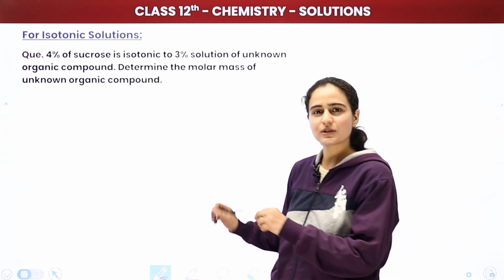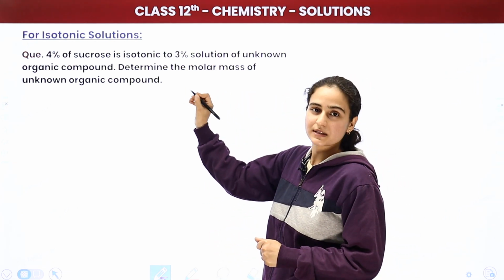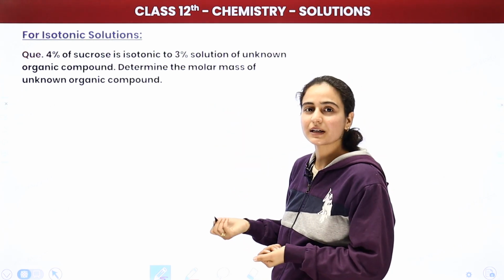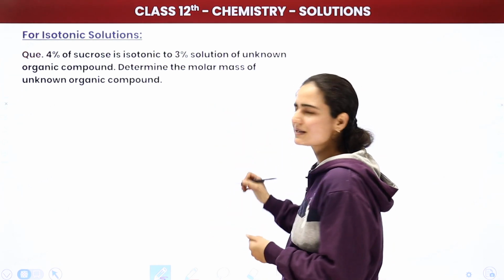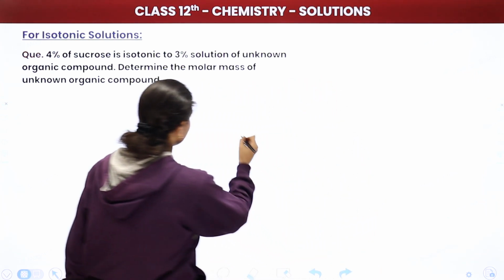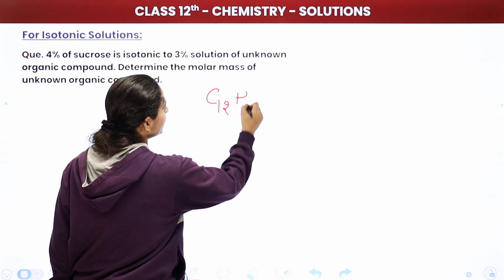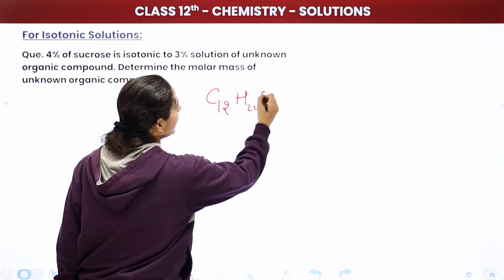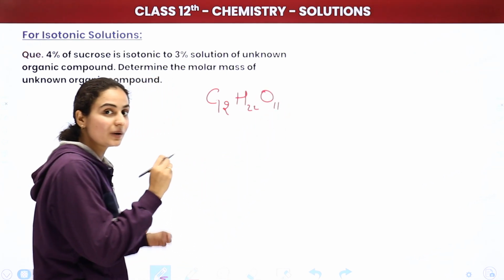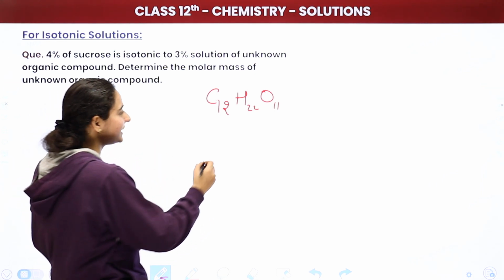Right. So let's do this numerical. The question says 4% of sucrose. What is the molecular formula of sucrose? This is our common table sugar. The formula is C12H22O11. If we want to calculate its molecular mass, how do we do it?